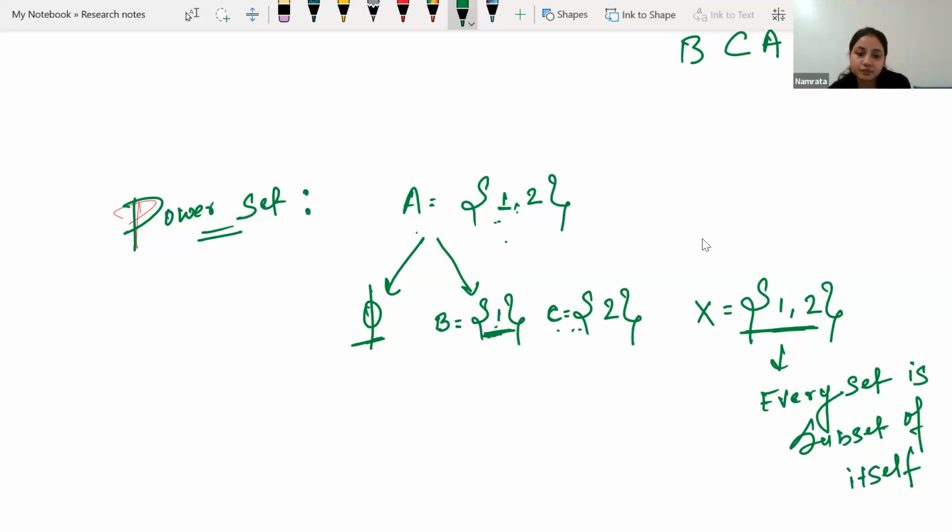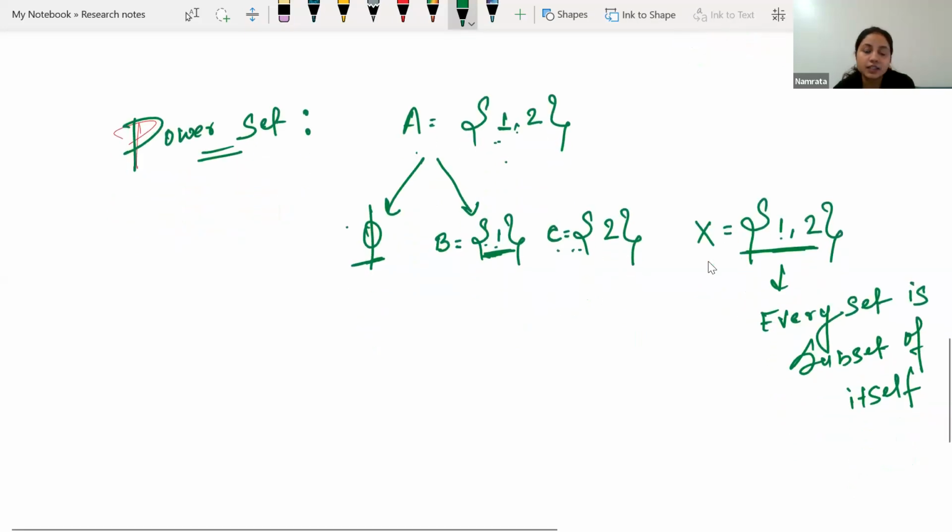So the collection of all the subsets of any set is called the power set. How many subsets have we got? 1, 2, 3, 4. We have got 4 subsets.